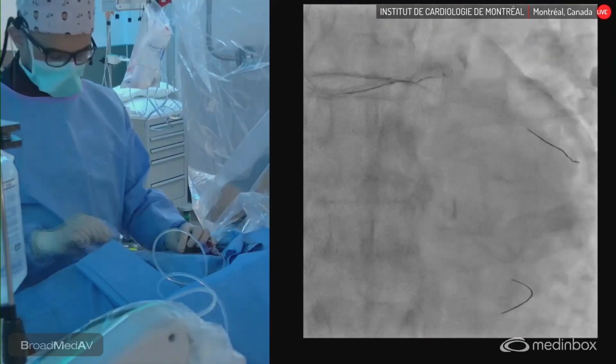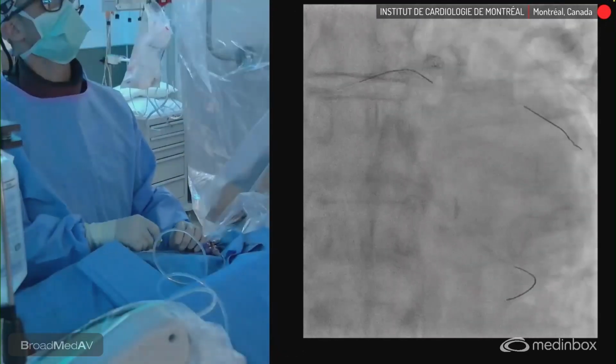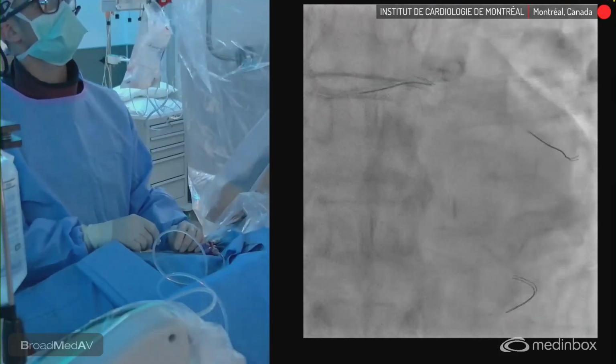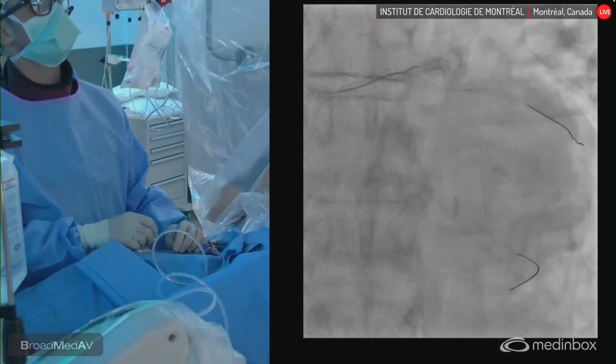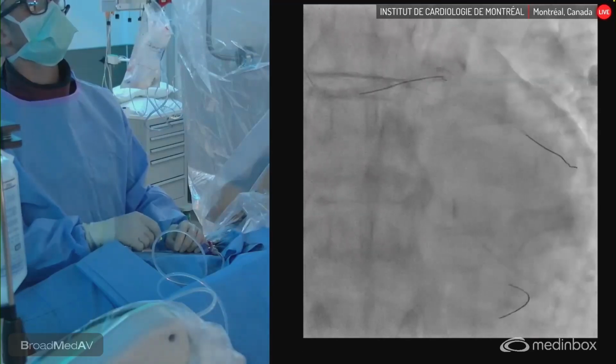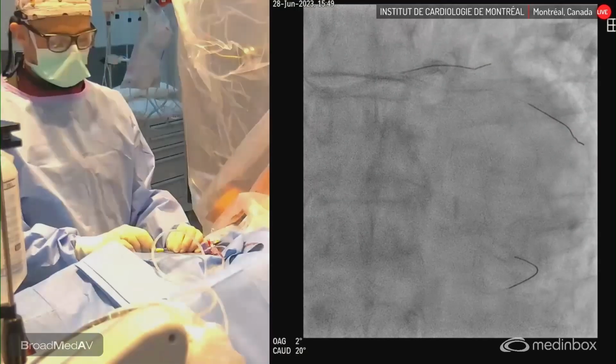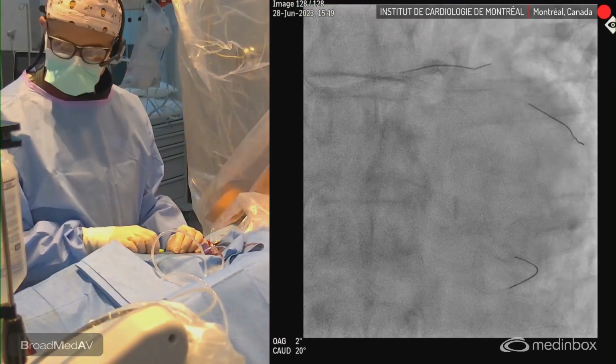Excellent. The kiss POT is my standard in bifurcation. It helps with wire access and helps give a better result. But in this case, you have the LAD but also the marginal, so you're going to need a POT, kiss, POT twice. Can you give me a 10-40, please?